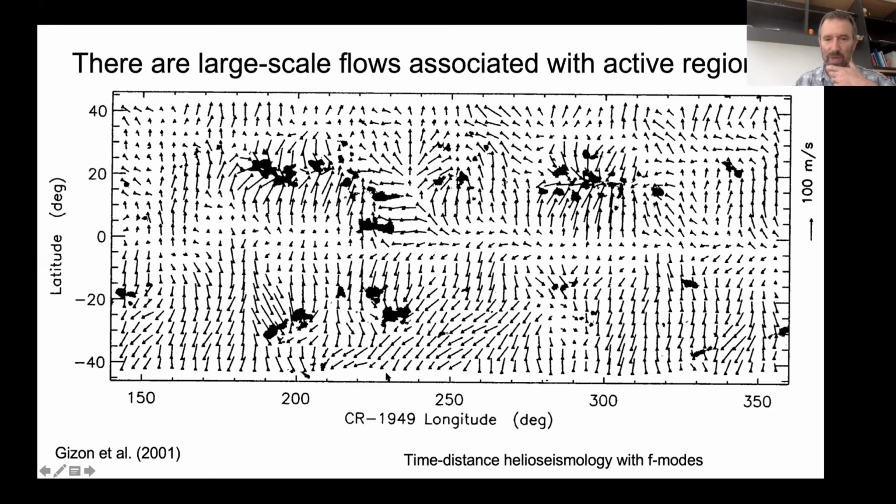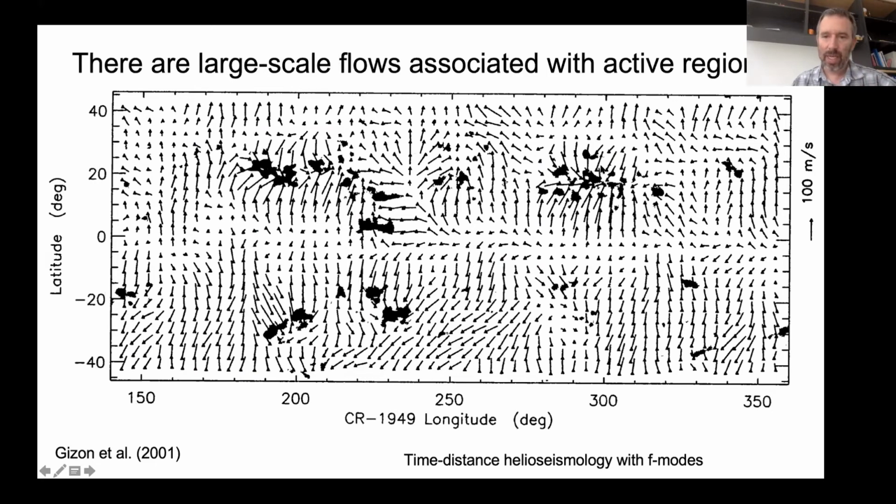This one doesn't cover quite a full rotation, but it's a good part of a rotation. And these horizontal arrows are showing flows measured from F-mode time-distance seismology. And those black features in the background are active regions.